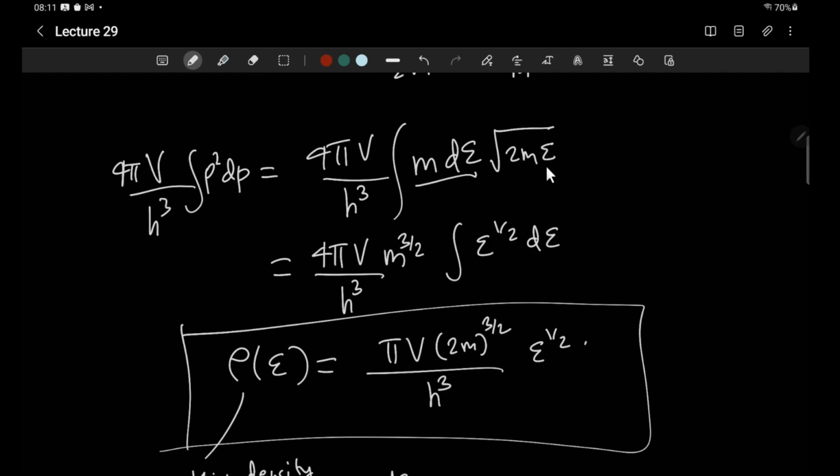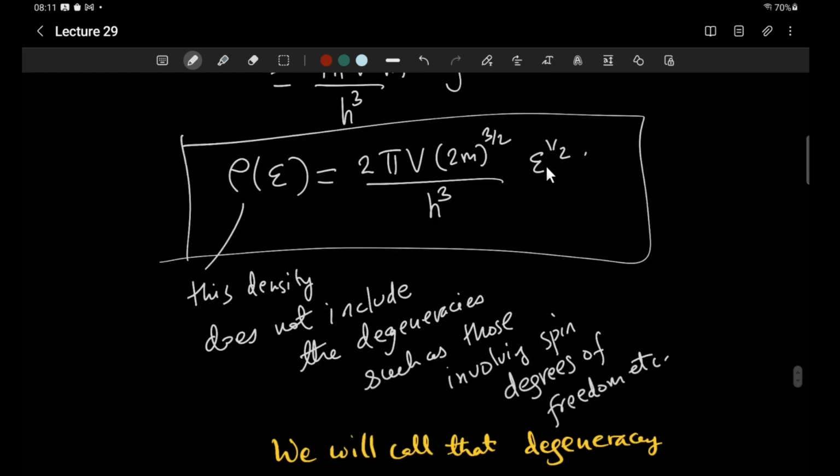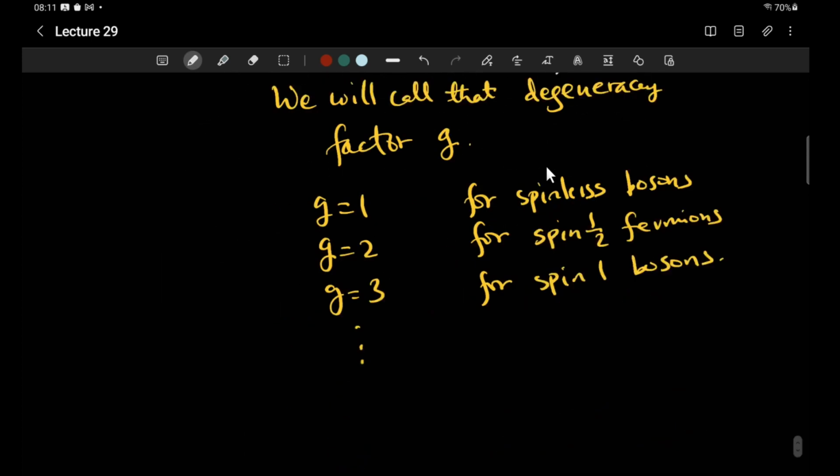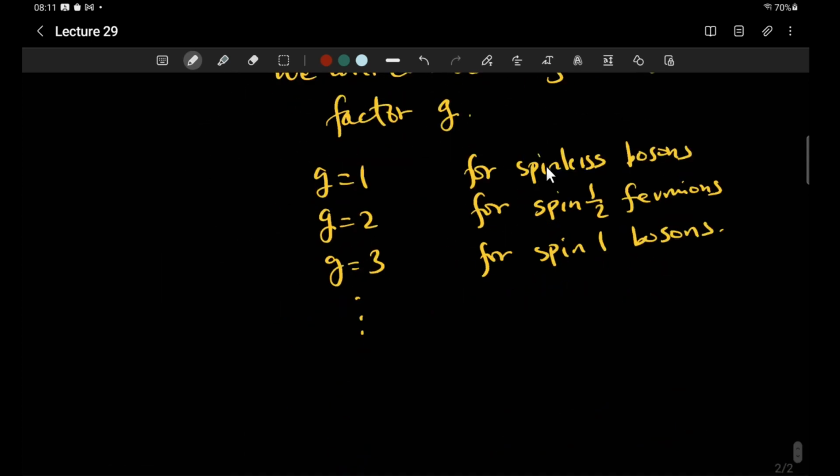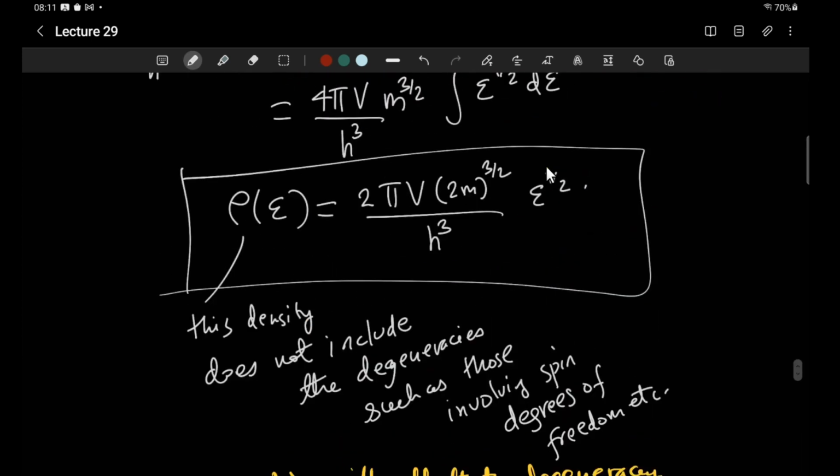I absorb the 4. No, I'm now messing up, right? Root 2, 4, 2 will go, and there will still be a 2 remaining. Okay, now you're fine? Okay, good. Any other questions or comments?